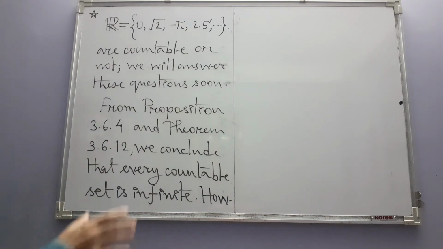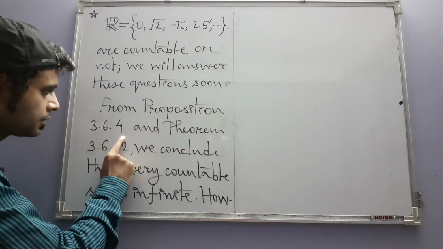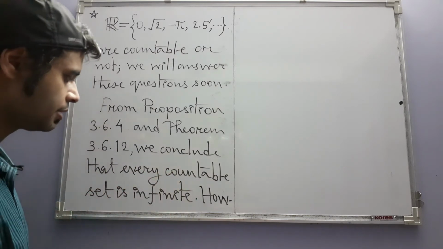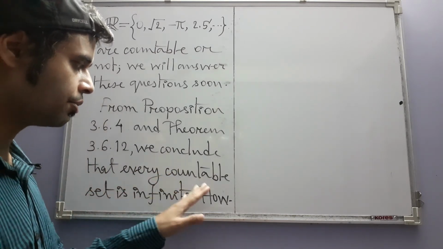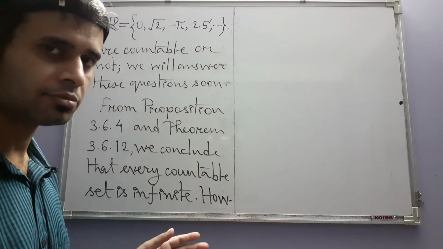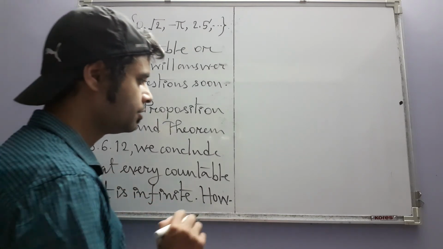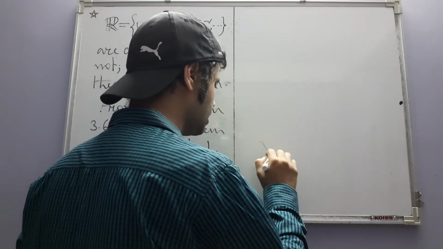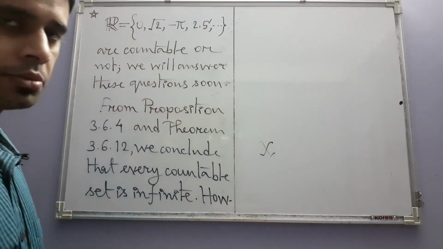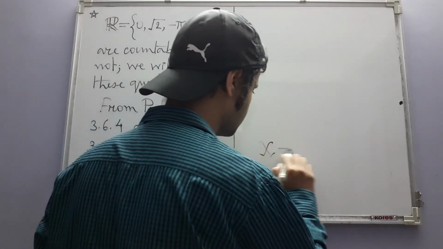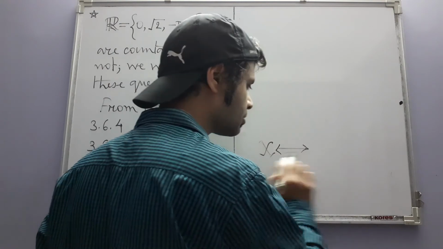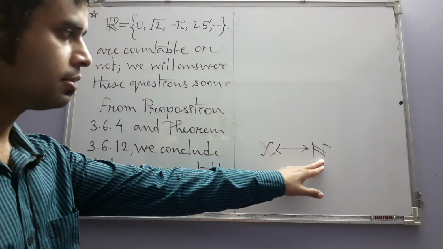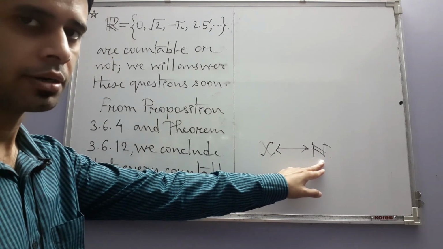But what are we saying here? From proposition 3.6.4 and theorem 3.6.12, we conclude that every countable set is infinite. Do we not already know that every countable set is infinite from the definition? No. You see, what the definition says is that a set X is called countable if there exists a bijection, so I am showing both ways, between X and the set of natural numbers.